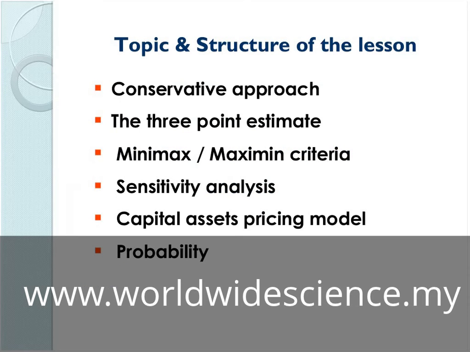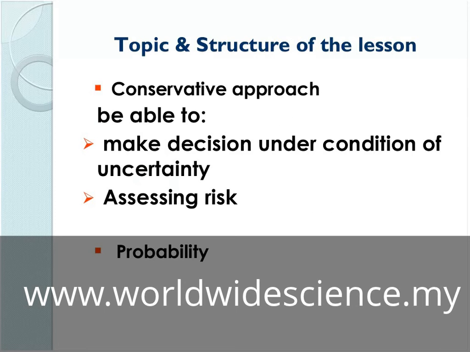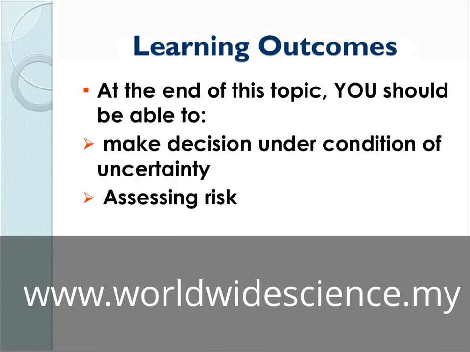The topics and structure of the lesson today: we study the conservative approach, the 3-point estimate, the minimax and maximum criteria, sensitivity analysis, which maybe you heard about, the capital asset pricing model, or CAPM, and probability. So we will study the most important things for today.